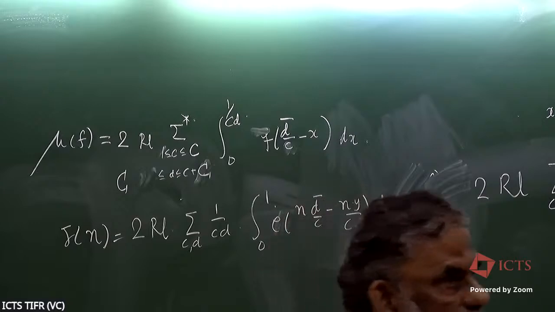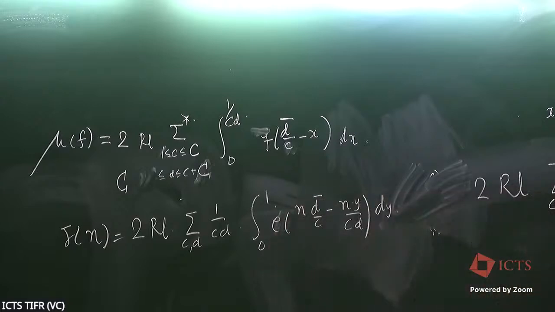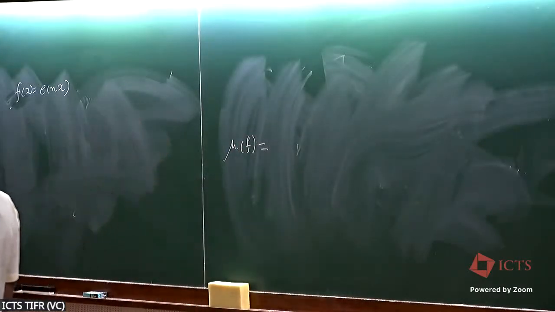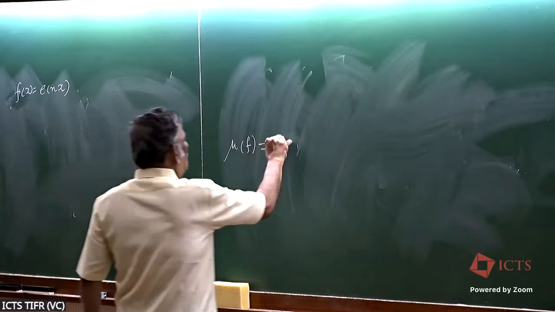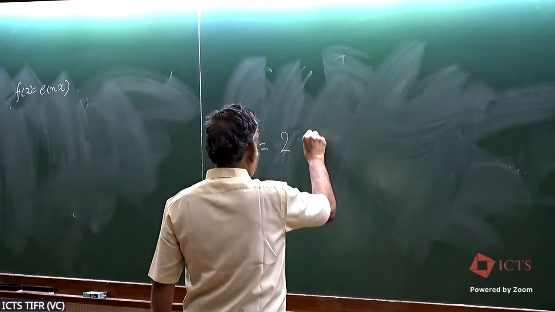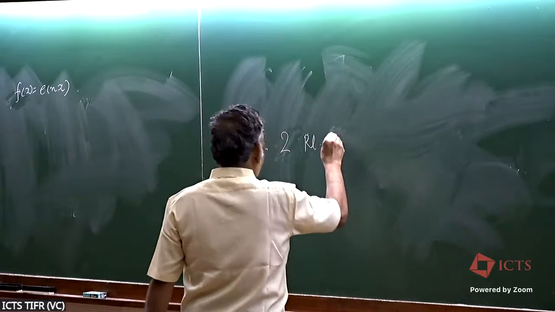Is it okay? Since Kloosterman is used in many places, consequently there should be other ways of writing it also, and therefore let's try to write it in a different way. The other way is to go to the mu of f, equal to 2 times the real part of summation.